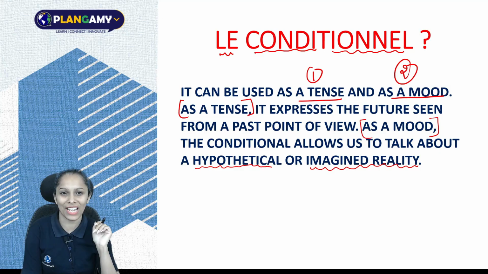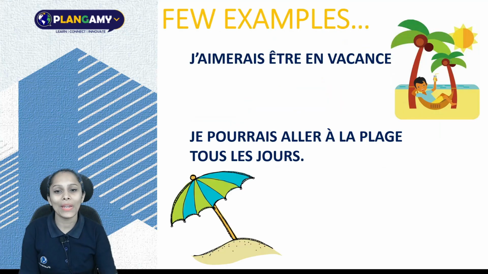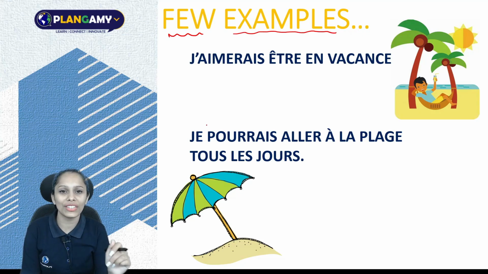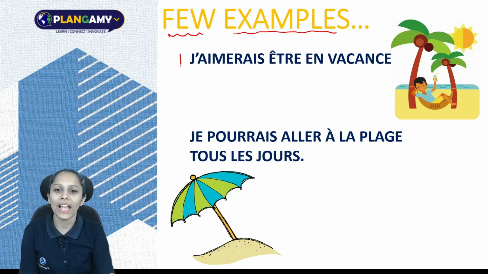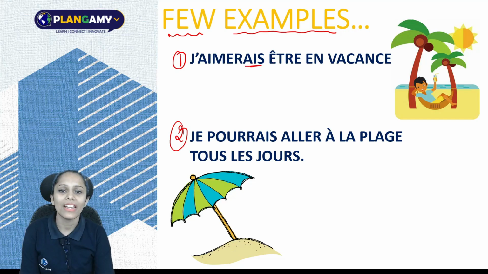Let's move further now. We have a few examples with the construction of le conditionnel présent. Here we have example number 1. Here we have example number 2. It says, j'aimerais être en vacances. I would like to be on vacation.